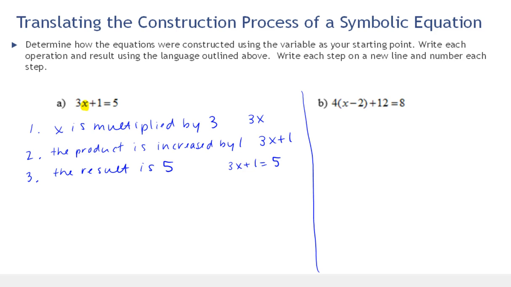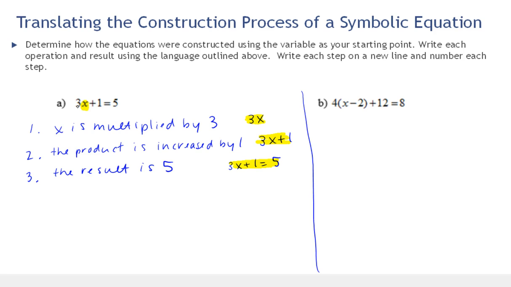Okay. So let's just highlight this. So we started with multiplying x by 3, taking the product, increasing by 1, okay, and then we said the result is 5. And that gives us this equation. So sometimes we can call this constructing the equation. Sometimes we'll call it the story of x because we're telling the story of how you'd build this equation while focusing on the variable x.